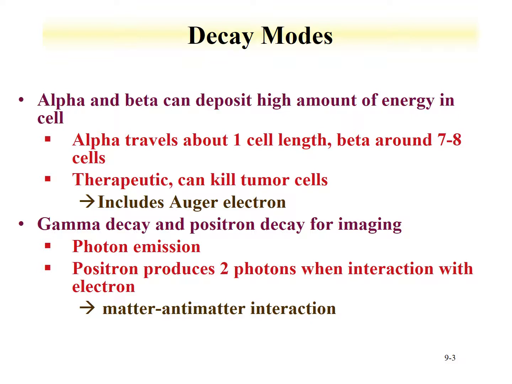The photons are detected external to the body, which can be used to image activities in the body, either image the location of a cancer or image the physiological behavior of a system. And with the positron, the two photons are produced through a matter-antimatter interaction, and that is actually useful in developing high-resolution images.